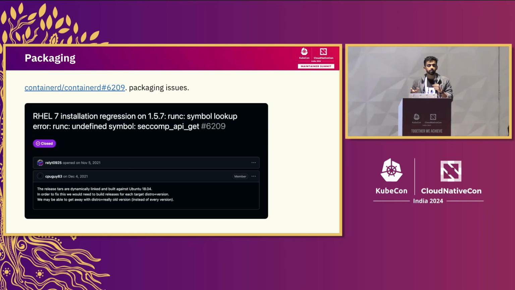So this sort of issue can happen when the packaging goes wrong or we are not doing it in a proper manner. These issues are a regular occurrence, and the discussion always comes up about who should be doing the packaging and how it should be delivered to the end users.